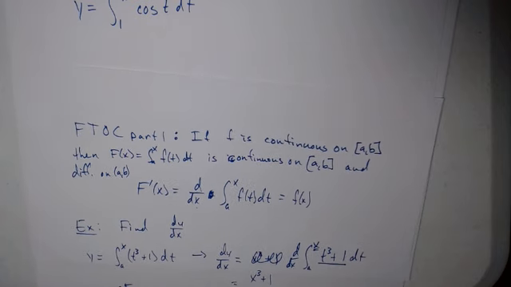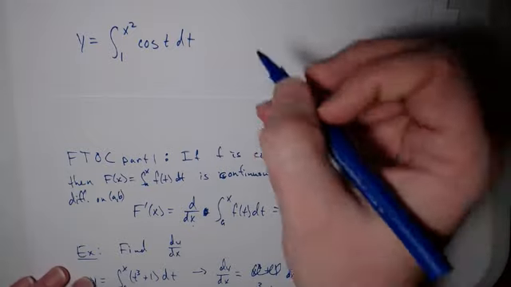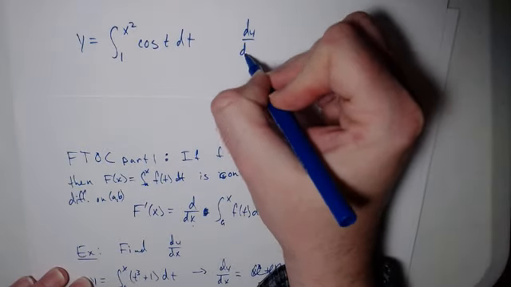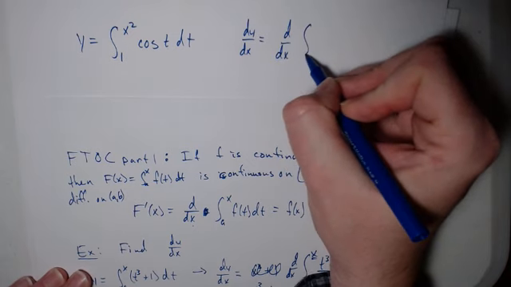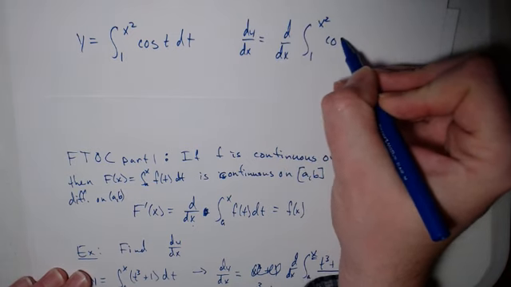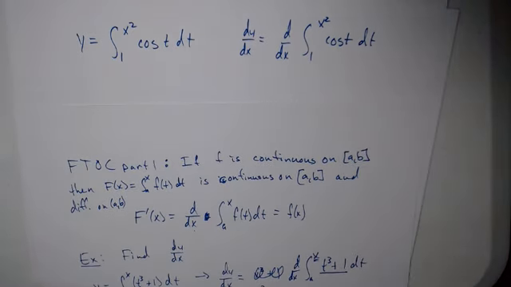Let's see. The integral from 1 to x squared of cosine t dt. So we want to find dy/dx here. That's the derivative with respect to x of this integral. So now we've got a little bit of weirdness in that we have an x squared up here.